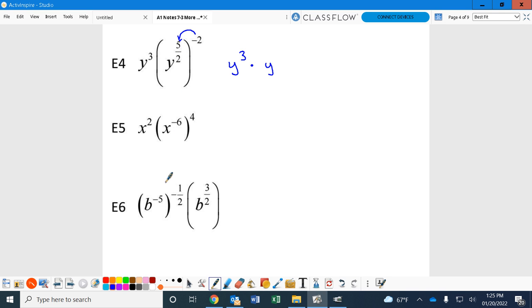So grab your calculators, type 5 fraction button 2 times 2 negative equals -5. There we go. Okay, now that we have this, what do we do with these powers on these like bases? Add them. Wonderful. That's going to make it y to the -2.